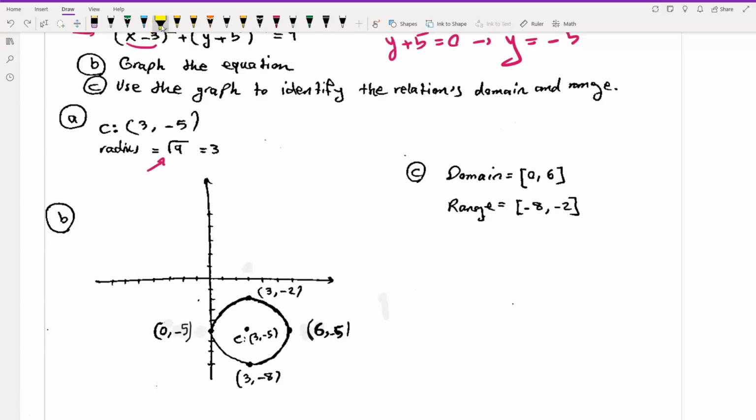The domain is what we have on x-axis, starting from this point. So because our graph from left starts from this point (0, -5), moving to right, our graph stops here. So what we have on x-axis, it's starting from 0 up to this point, 6.